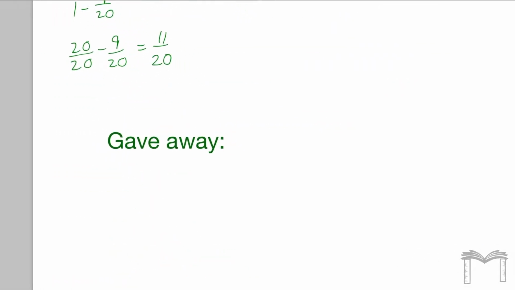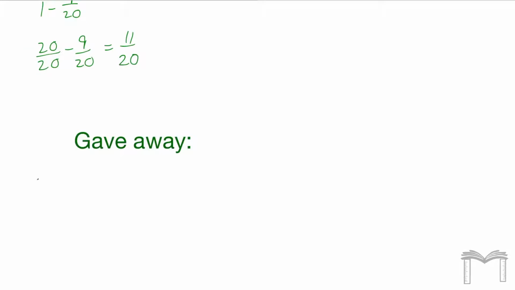So let's work that out. 3/11 of 11/20. 11 into 11 is 1, 11 into 11 is 1. So that would be 3 times 1 is 3, over 20.